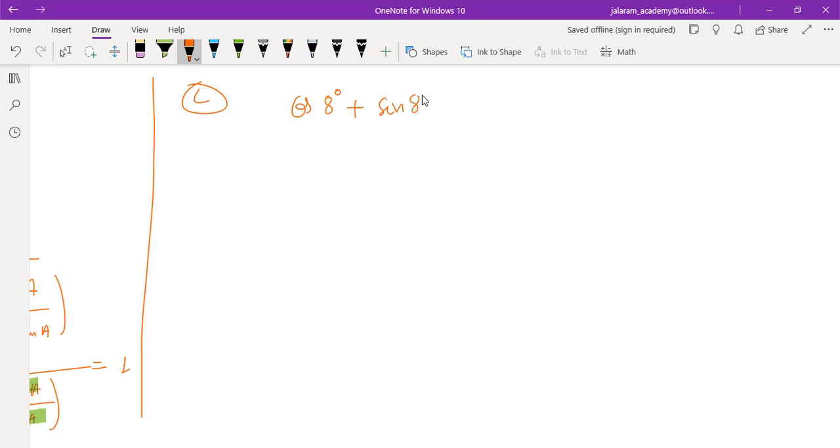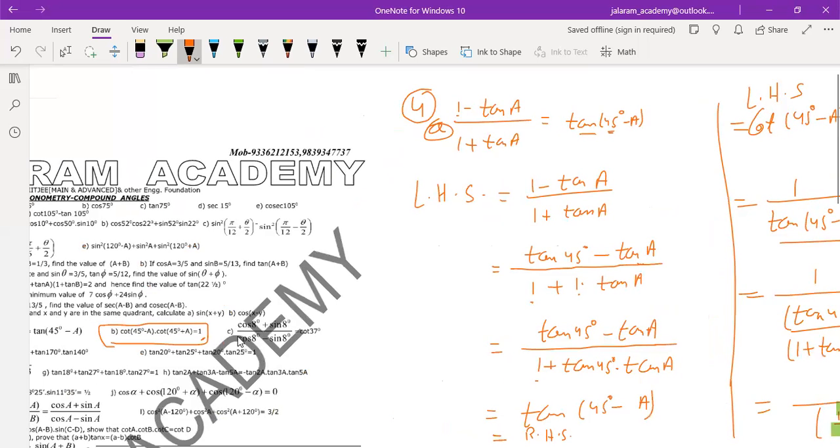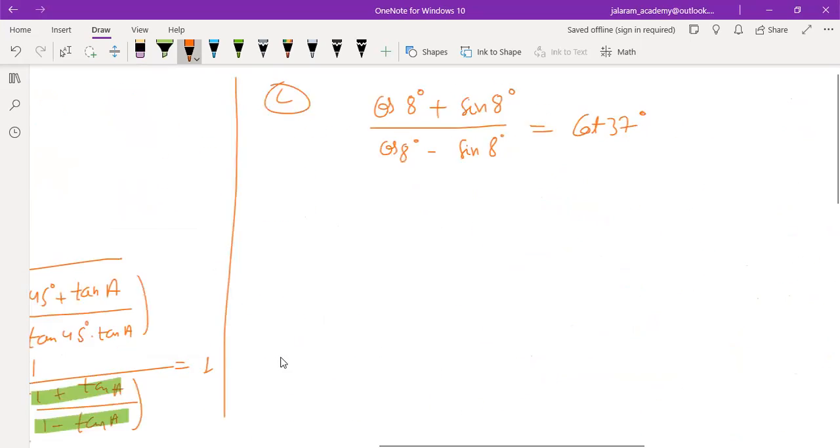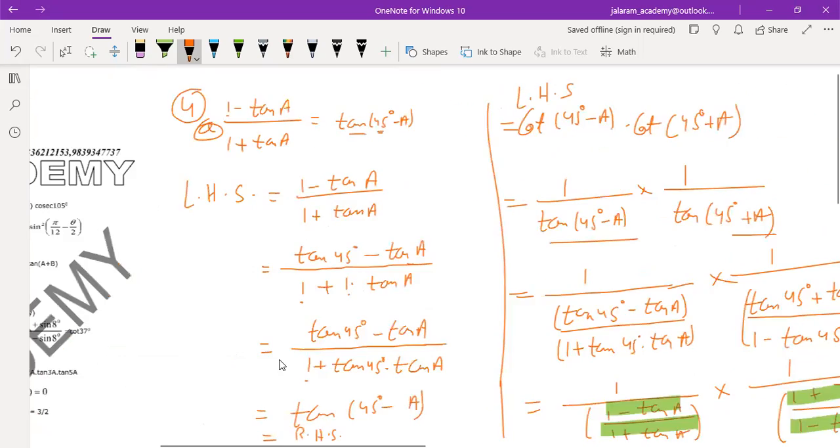Look at the question: (cos 8 degree plus sin 8 degree) over (cos 8 degree minus sin 8 degree) equals cot 37 degree.